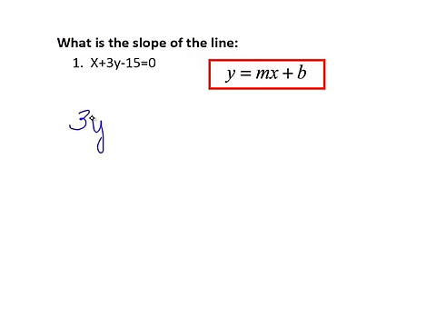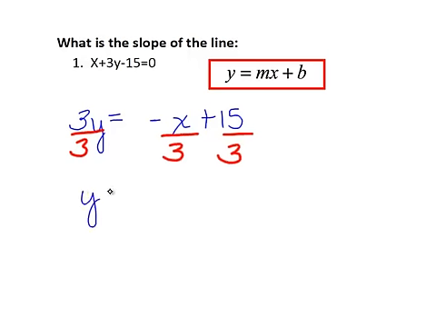So on the left, I still have 3y. On the right, I'll have a negative x plus 15. I still have not gotten y by itself, so I will need to divide everything by 3.